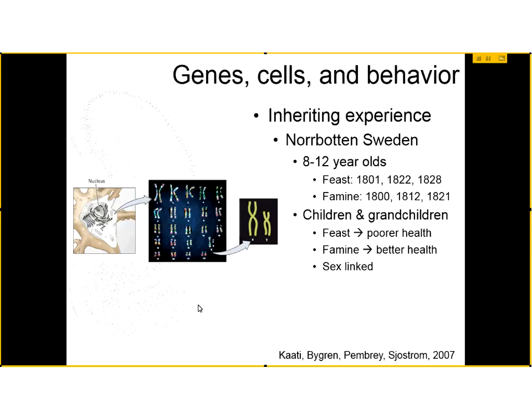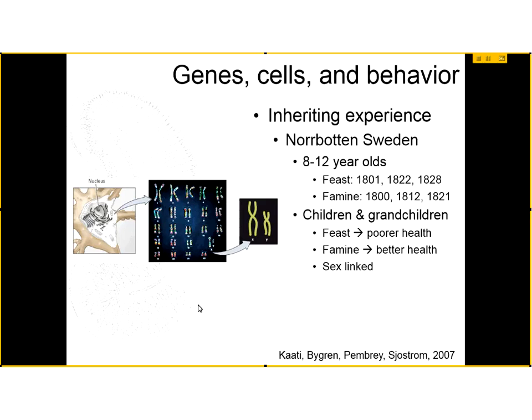Whereas if there was a famine in 1801, 1812, or 1821, they tended to have better health outcomes, with better cardiovascular function, fewer instances of diabetes, and a longer life.